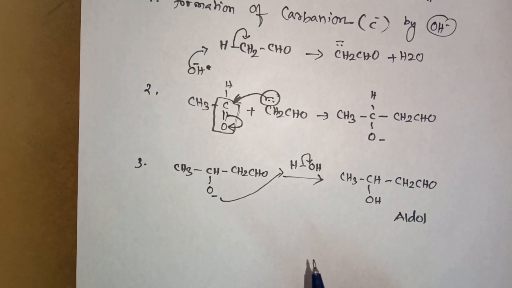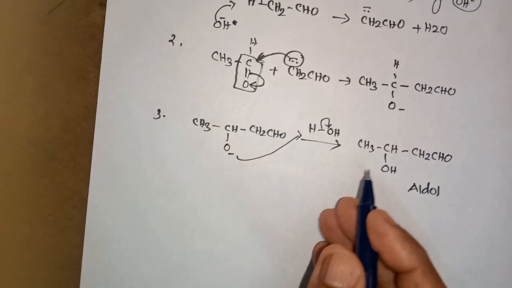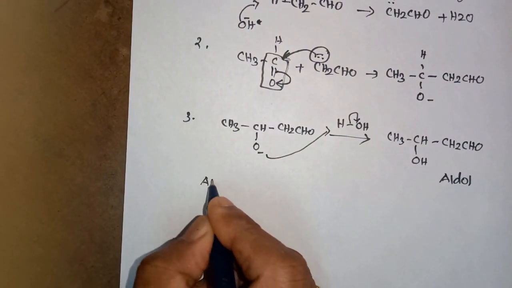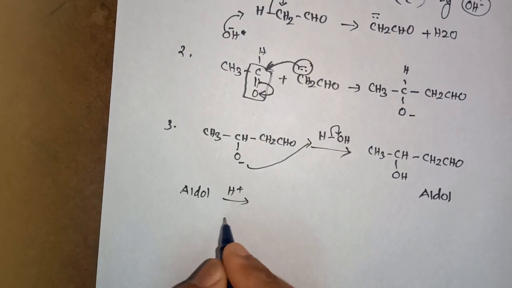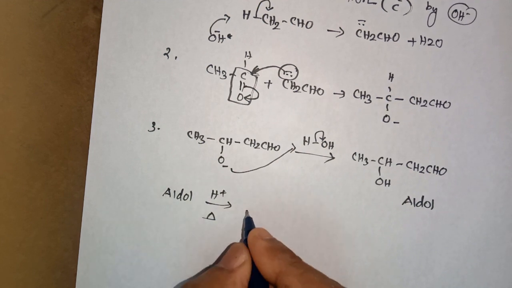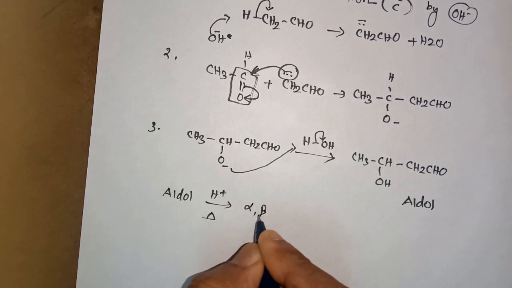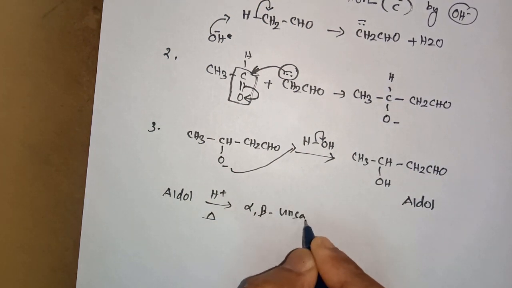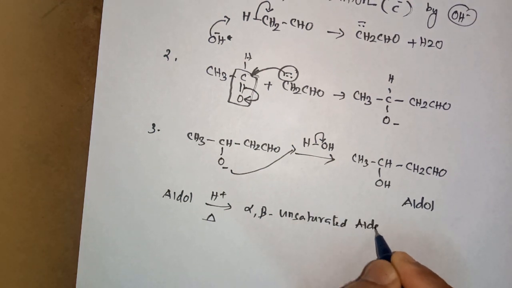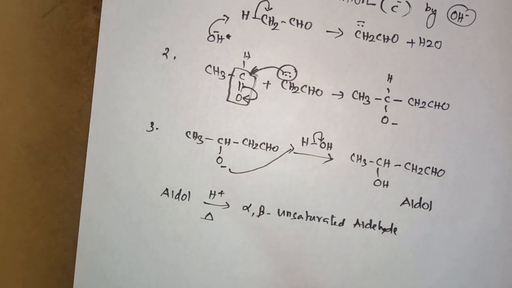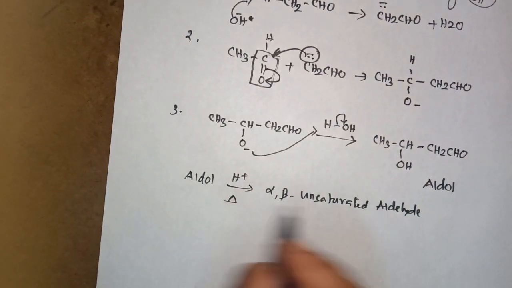Now I see one property of this aldol formed. To this aldol, when you add a small amount of acid and heat, it is converted to alpha beta unsaturated aldehyde. Now I take this aldol.